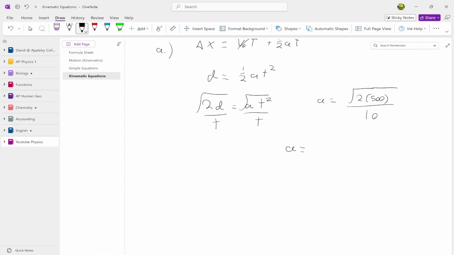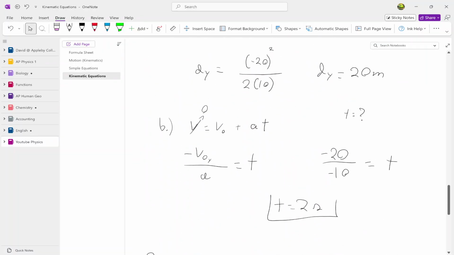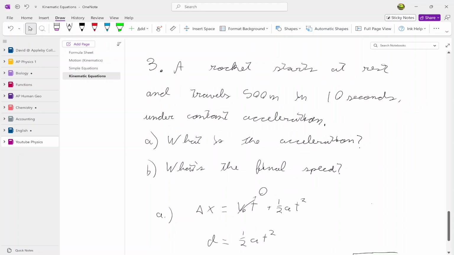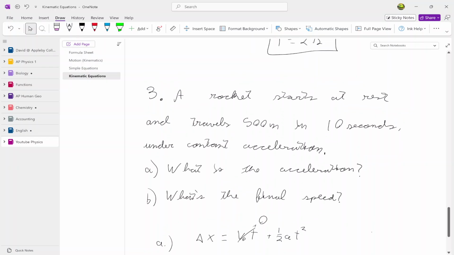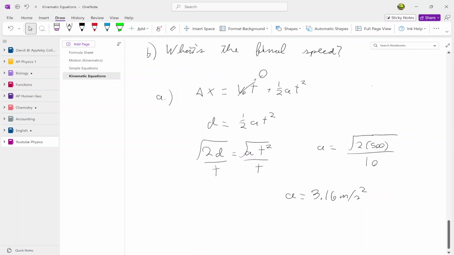It would be 3.16 meters per second squared. If we want to confirm that, we can't really. Well, we could. I mean, it should be right.